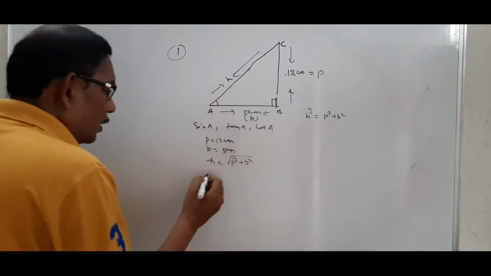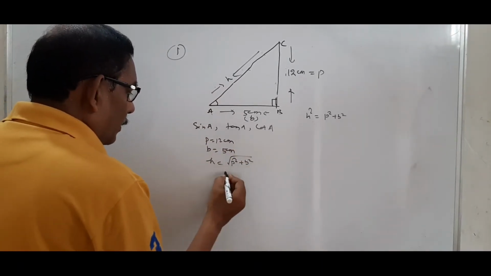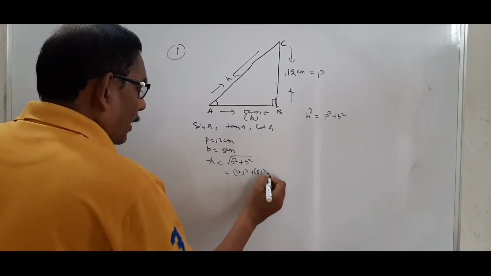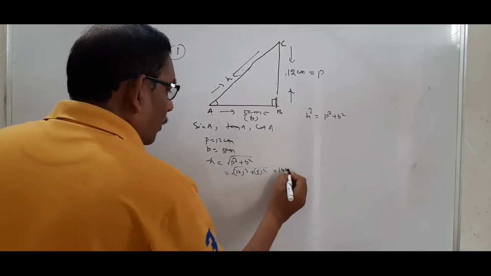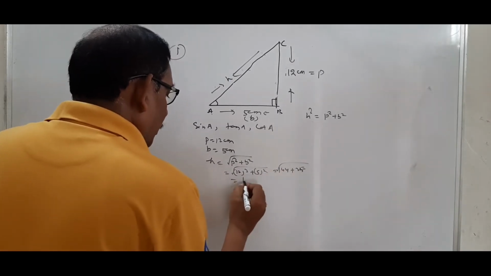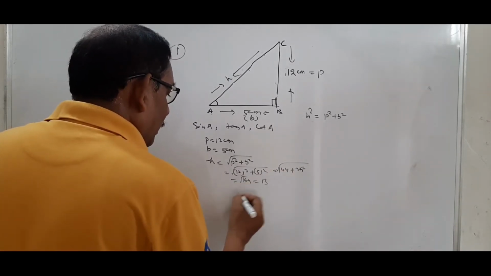So H is the square root of 12 square plus 5 square, 144 plus 25, that is 169, that is 13.